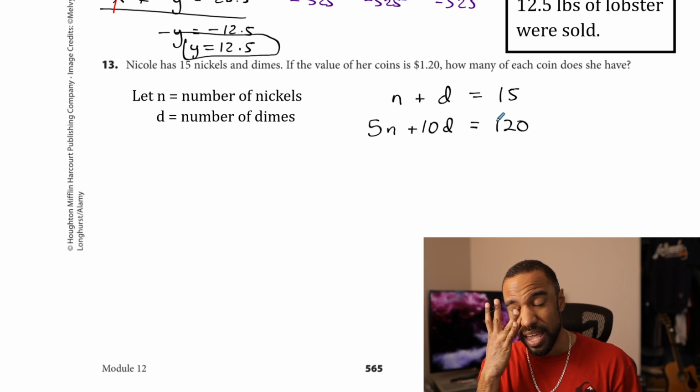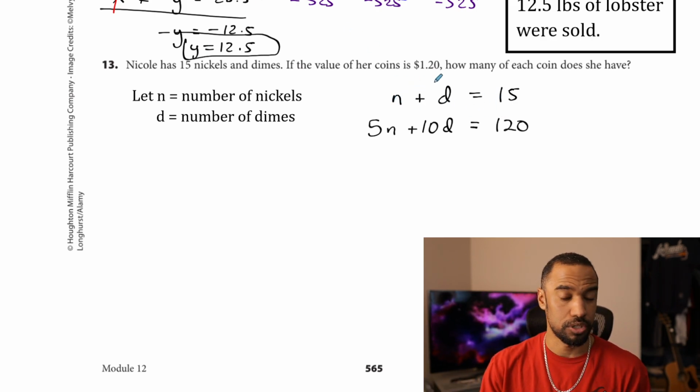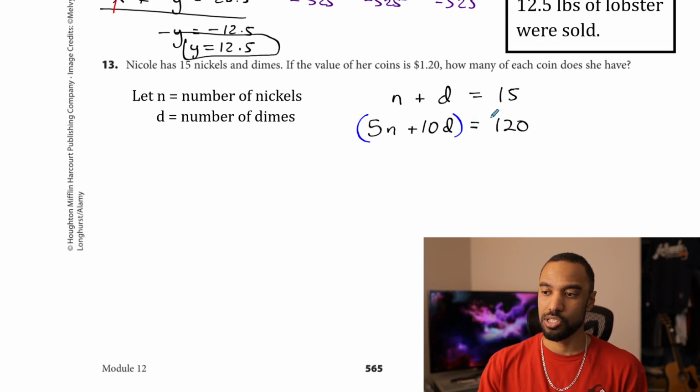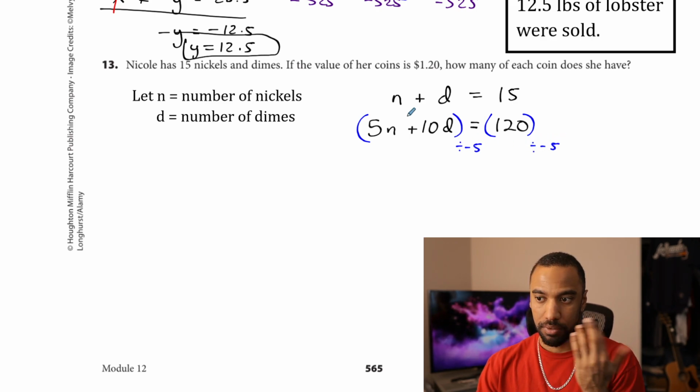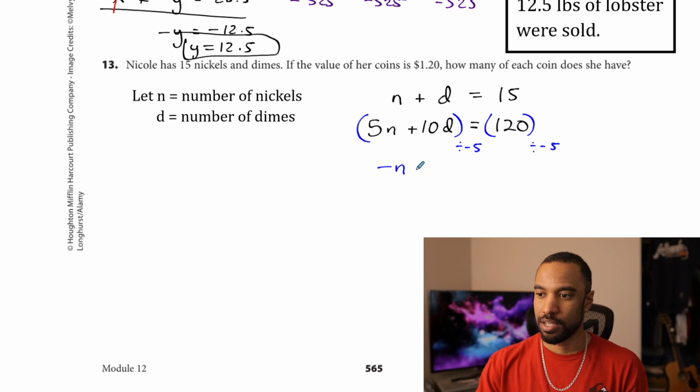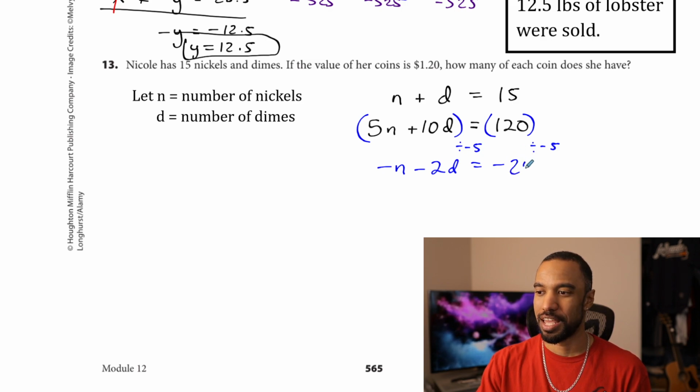That kind of helps. Now I can take this bottom equation and start pushing toward the smaller versions. I'm going to divide this by -5, and smaller numbers. So negative n minus 2d equals negative 24.